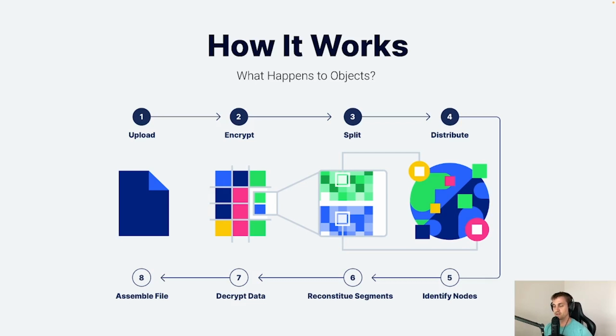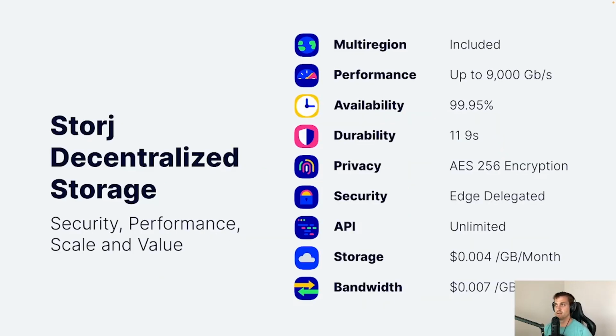The segments are downloaded, put back together, and decrypted, and you get your file again. Multi-region is included by default. Performance up to 9 to 24 gigabits per second. You'll see availability and durability similar to AWS S3.